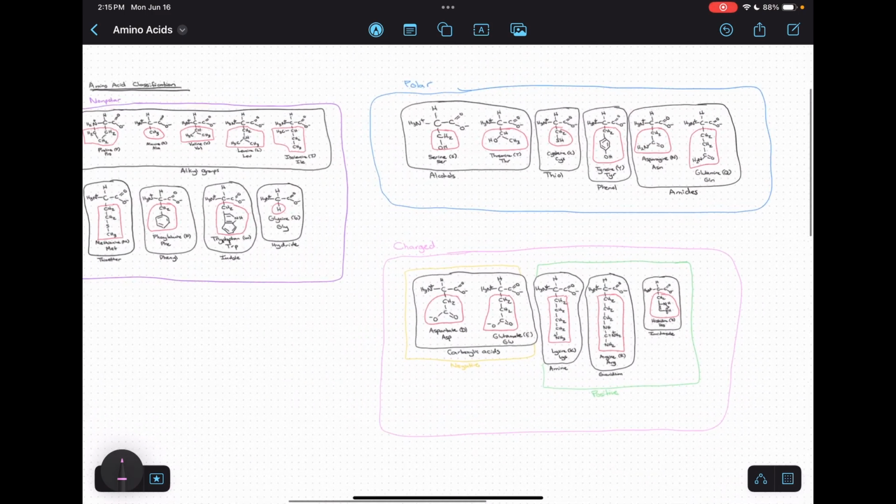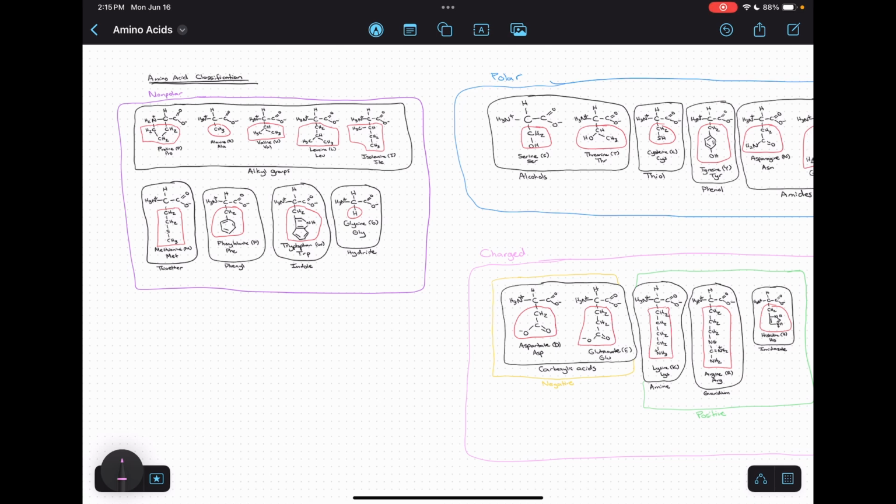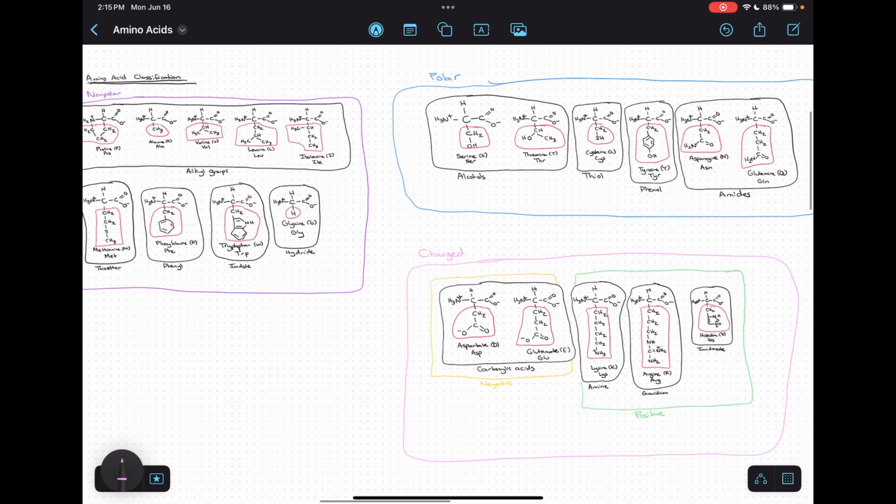One other thing worth noting is that we have some overlap between different kinds of classifications amongst these groups.